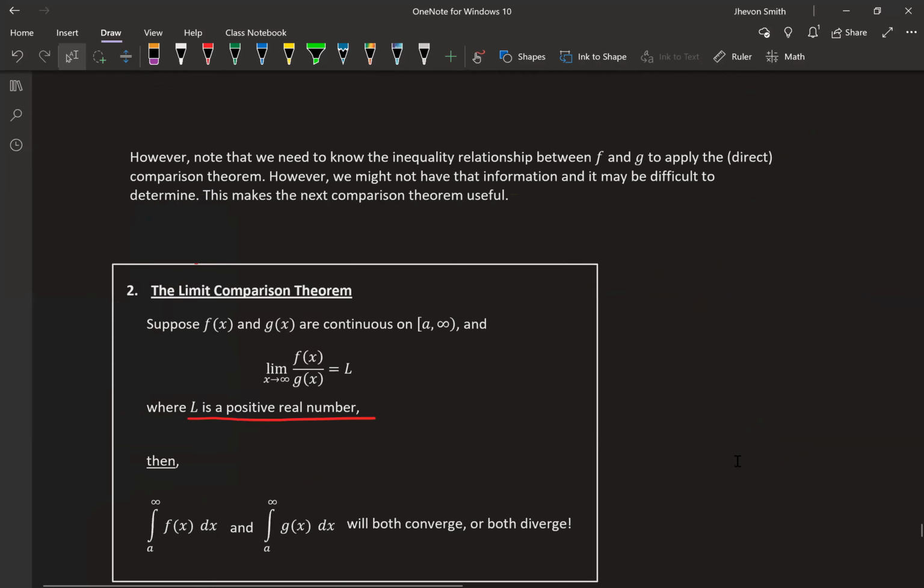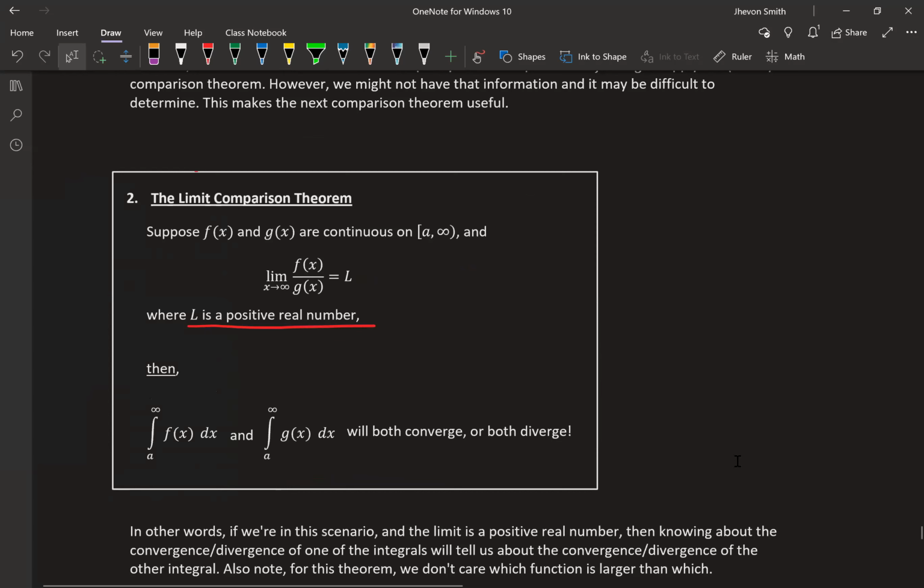Now, one other thing I do want to mention. You have to remember back in Calc 1 when you were doing limits, the skills that you had, especially when you're applying things like the squeeze theorem. You are going to want to use those skills here. Because usually, when you have one improper integral and you want to talk about that integral, you have to find some other improper integral to talk about it.